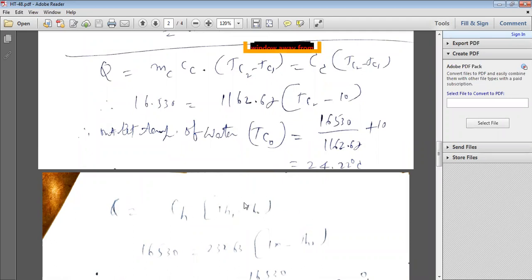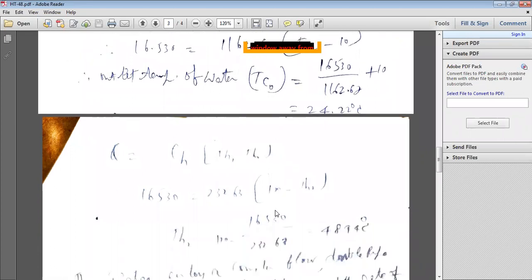Similarly, you can calculate TH2, the outlet temperature of the hot liquid. For that, the actual heat transfer Q is equal to capital CH into TH1 minus TH2. Here TH1 is greater than TH2. Capital CH is the heat capacity of the hot fluid.